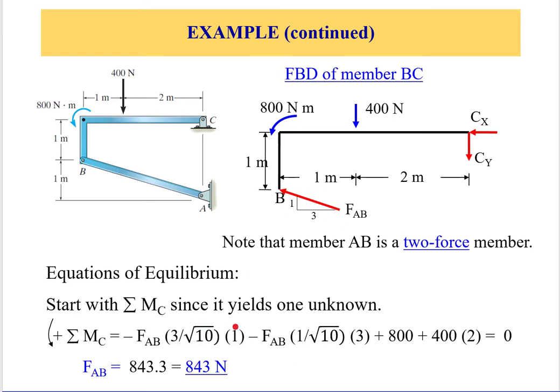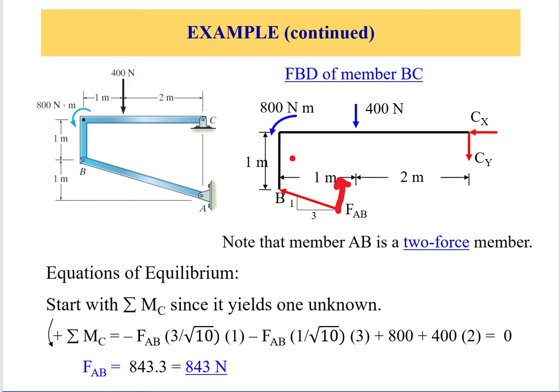Minus, so this is the first component, minus the other component of FAB, which is upward. So it is FAB sine theta. Sine is 1 over the square root of 10, and this is in that upward direction.